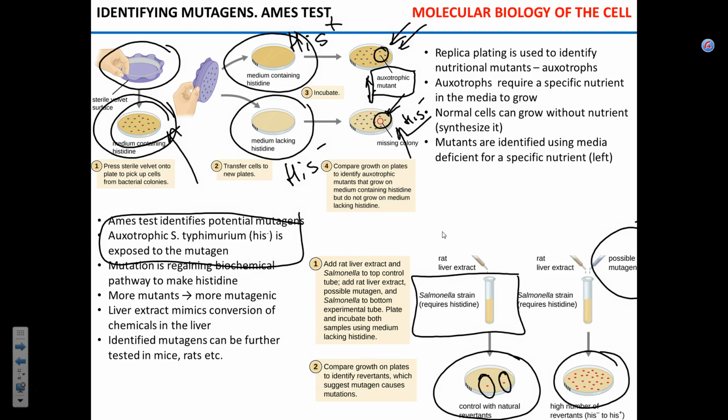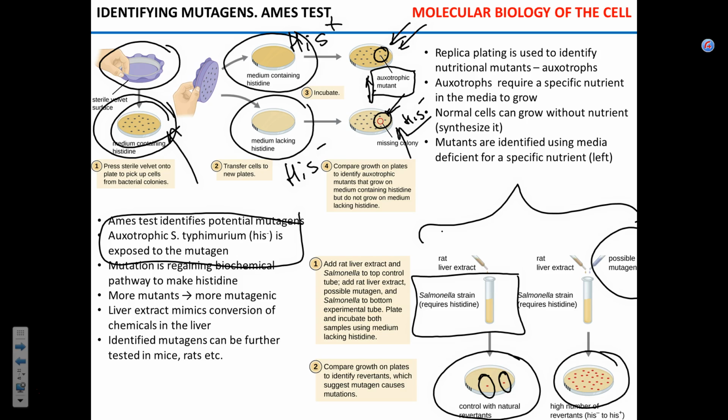So since now it makes more sense, I don't hear one question from you. Why the hell do we need the liver extract? Well, it is explained there, but in a very short statement. Liver not only excretes toxins, but another function of the liver is conversion of chemicals.